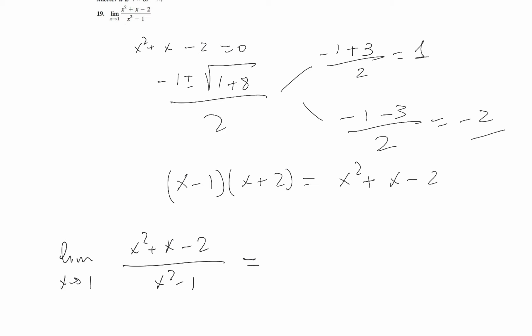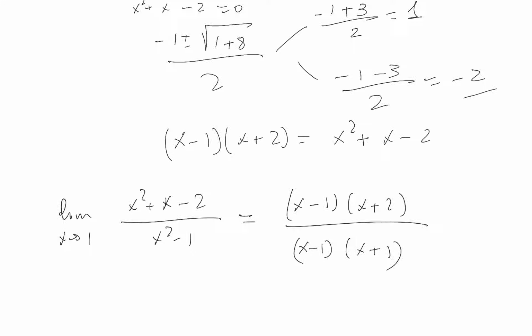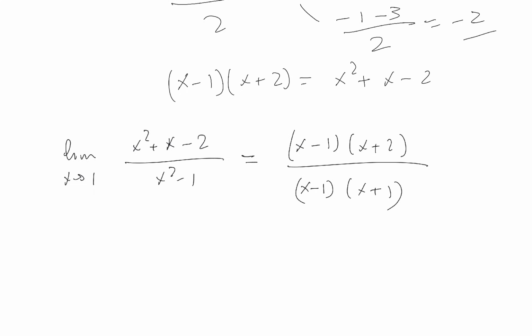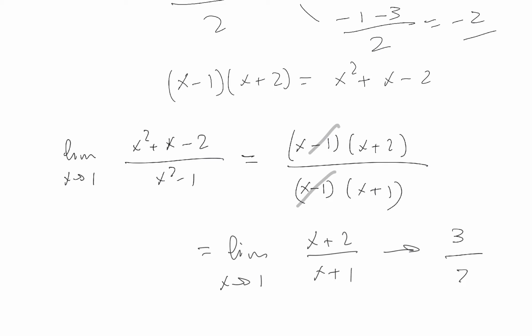So we put the numerator as a factor, and we put the factoring of x squared minus 1, which is x minus 1 times x plus 1. Now the x minus 1 cancels. So we have the limit when x approaches 1 of x plus 2 divided by x plus 1. This tends to 3 in the numerator and 2 in the denominator. So the limit is 3/2.